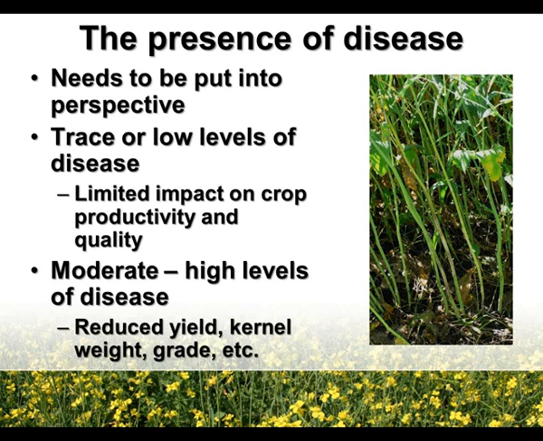But if you start to see those levels of Sclerotinia or blackleg creeping up, so you're looking at more than about 10 to 20% infected plants, the severity of symptoms that you have are starting to have an impact. So the large cankers, let's say, at the base of the plant as far as blackleg, or large spreading lesions in terms of Sclerotinia, and they're affecting the main stems or the main branches, it's going to have a significant impact on yield and kernel weights and grade in the crop that you're looking at.